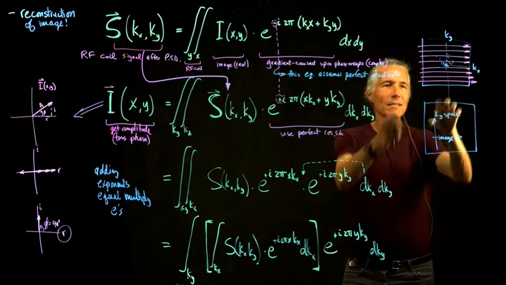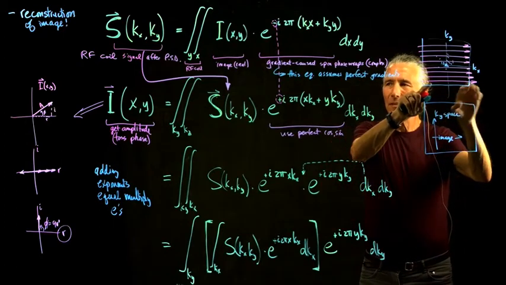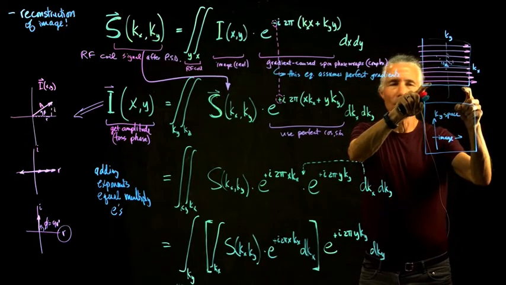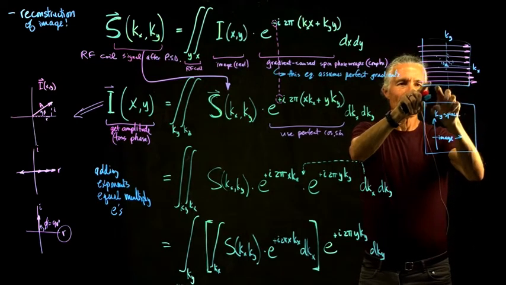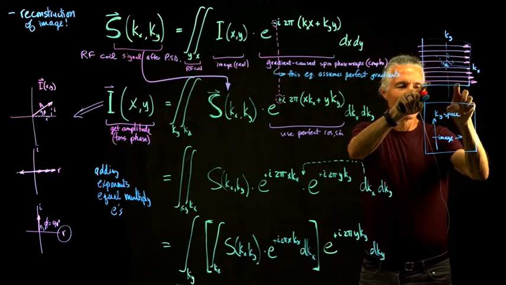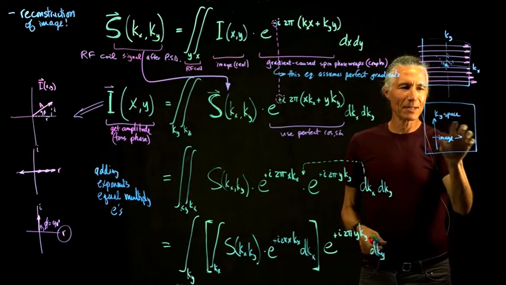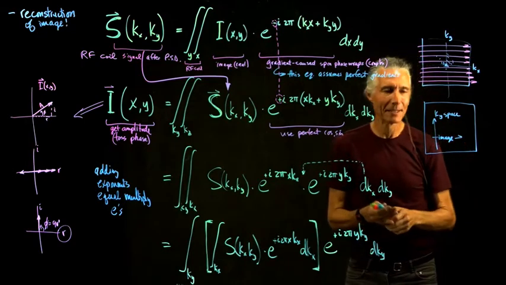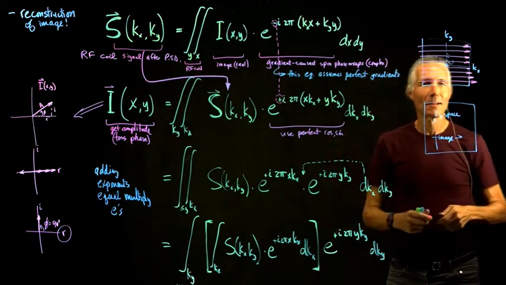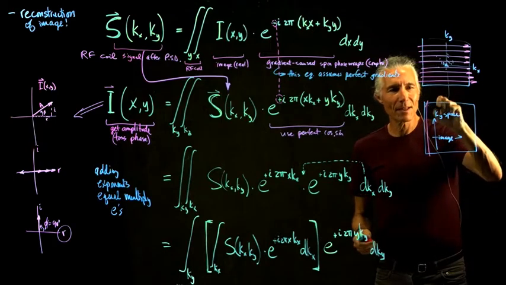So you basically just take a line out, run a 1D Fourier transform on it, and then put the numbers back in there. And so you end up with this strange animal that's like half image, half k-space. And then you just do a Fourier transform in the other direction.